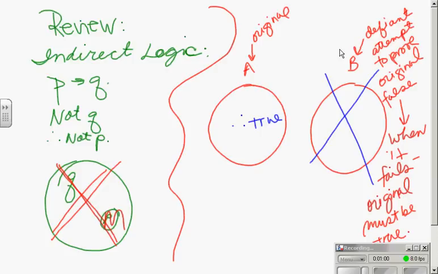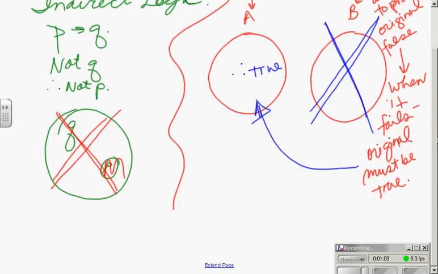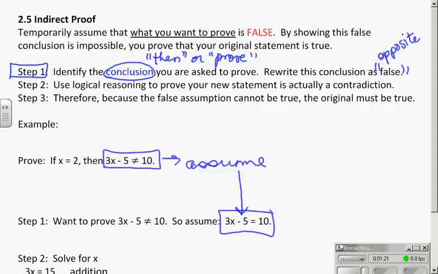And when it fails, then our original must be true. Okay, so it's kind of a backdoor approach to a proof. Since it can't be the other half of the options, then it has to be the original. So these are called indirect proofs.